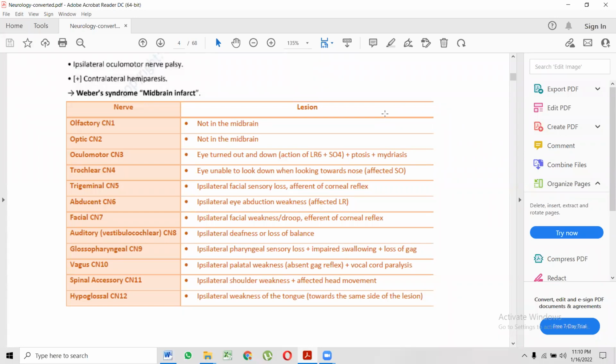The first thing to remember for a lesion of cranial nerve 3 is that the eye will turn down and out, because of the unopposed action of the lateral rectus and superior oblique. All the other muscles are paralyzed and there is nothing to oppose them. Lateral rectus moves the eye outward and superior oblique moves the eye downward.